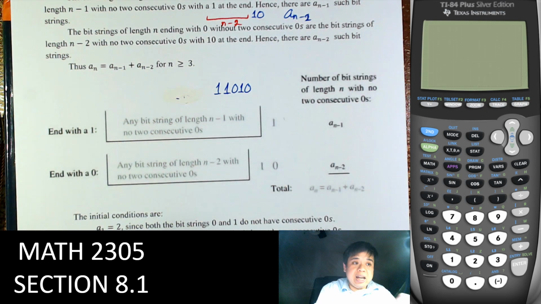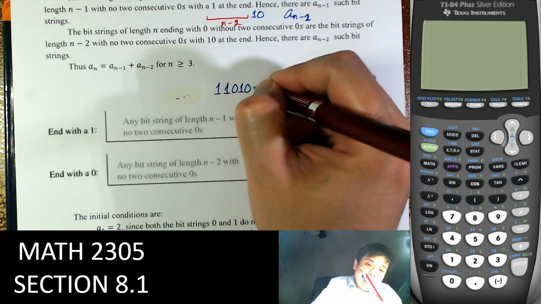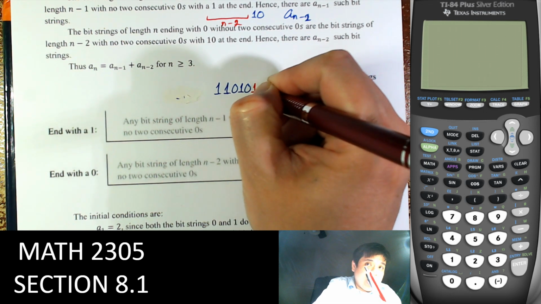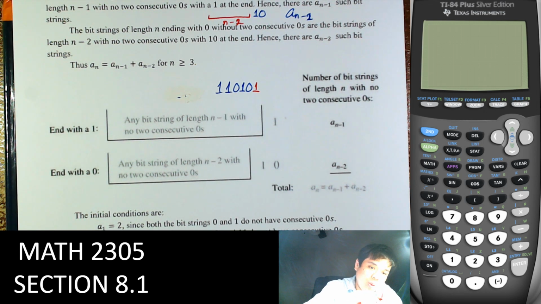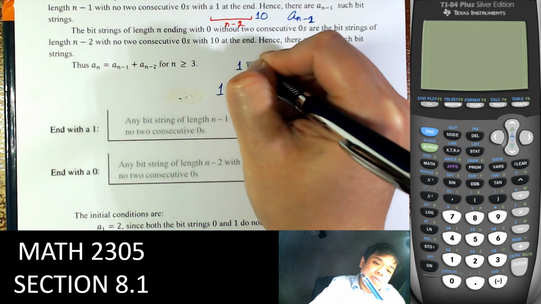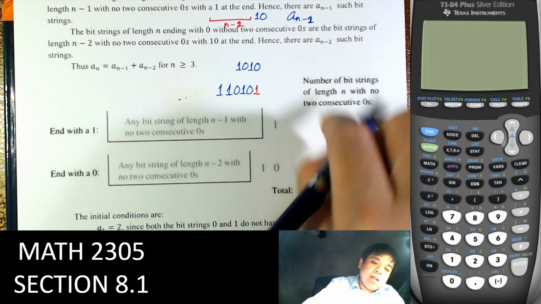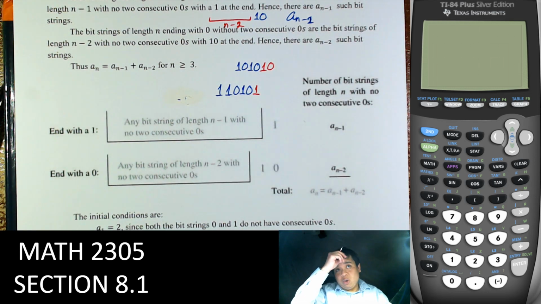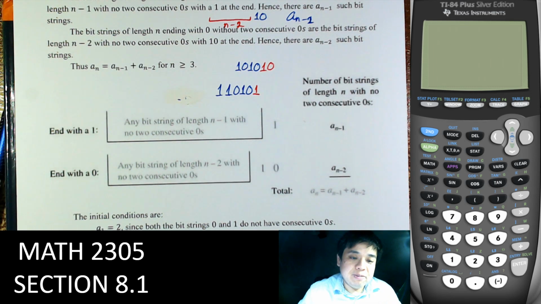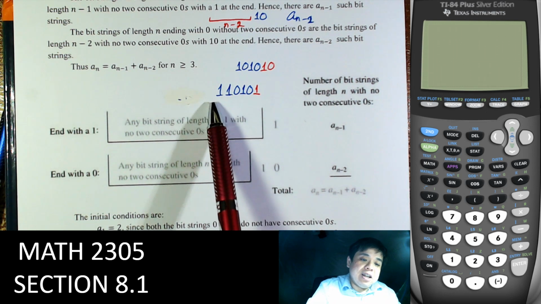If that is the case, if we add 1 at the end, we're not going to have 2 consecutive 0s, right? Likewise, if we add 1 0 like this at the end, it's not going to be consecutive zeros, right?